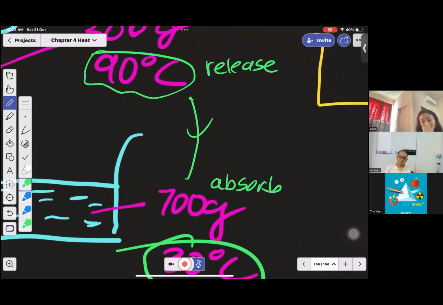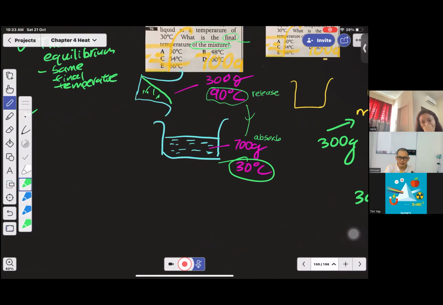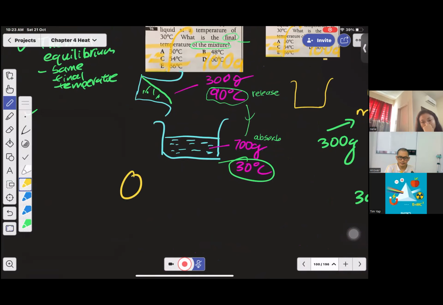So we can say Q release equal to Q absorb.